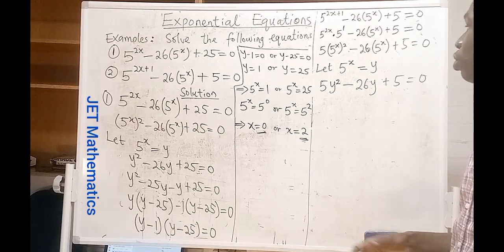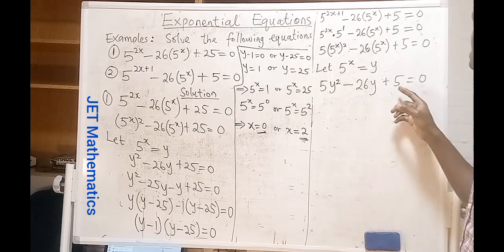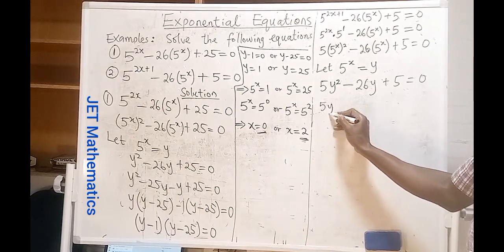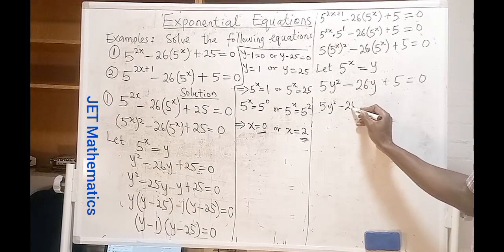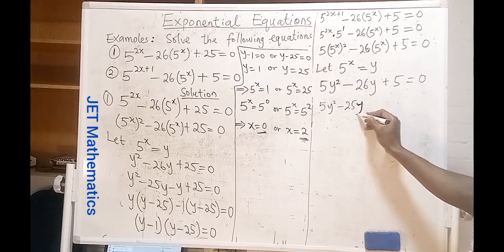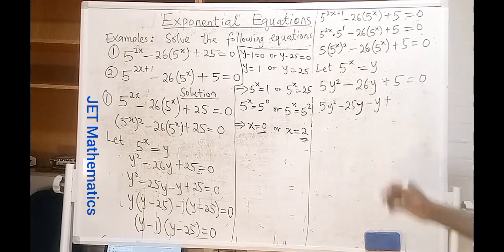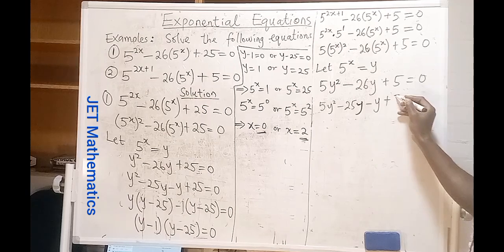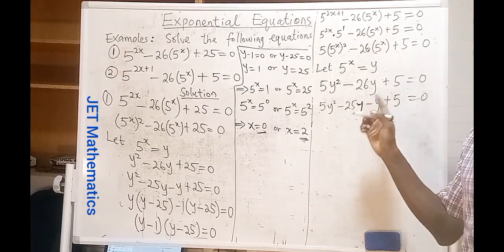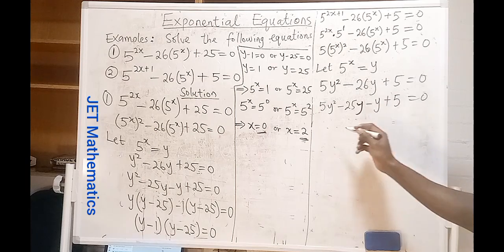So we're going to look again for two numbers such that if you add them, you get minus 26, and if you multiply them, you get 25. They are still the same numbers: 5y squared minus 25y minus y plus 5 equals 0. Please, I'll repeat, if you don't know how to do quadratic equations yet, you can see our videos on quadratic equations.